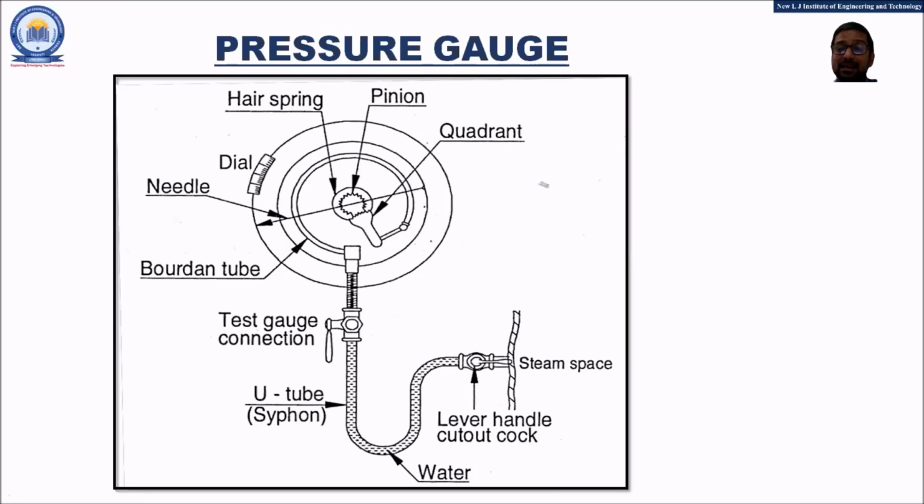Means there will be a minor expansion of the C-shaped Bourdon tube. This Bourdon tube will try to expand in the outward direction by the effects of the movements in the U-tube siphon. This movement of the Bourdon tube will be taken by the linkages and the pinion attachment.